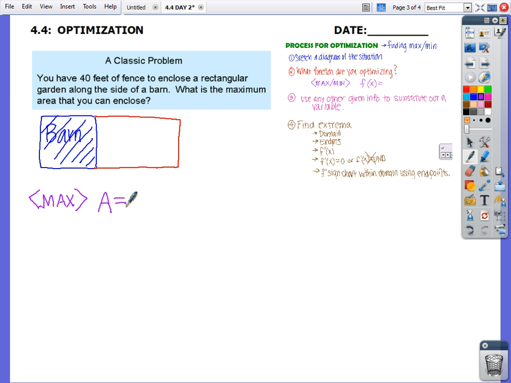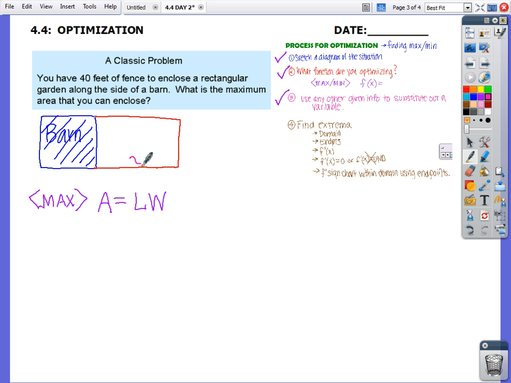So area, we usually find length times width. Now the problem is we have 2 variables. So far I've sketched the graph, I've figured out what I'm optimizing, and now I'm going to use any other information to substitute out a variable. Right now I have 2 variables, the length and width. I'm going to go back up to my diagram.